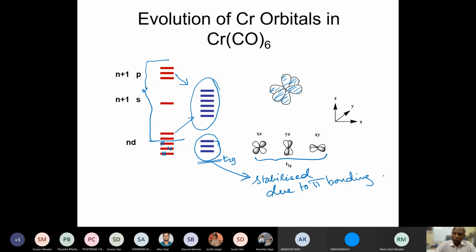And the lowest unoccupied molecular orbital on the ligand is going to be pushed up in energy. So the gap between the LUMO and the HOMO is very large in metal carbonyl complexes.